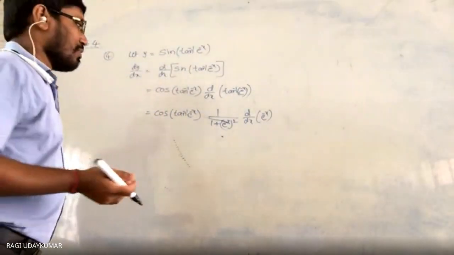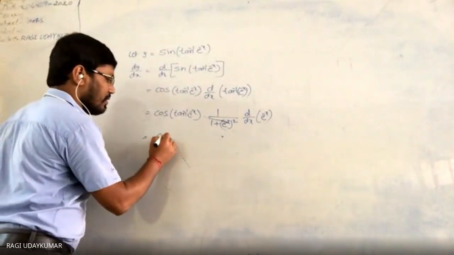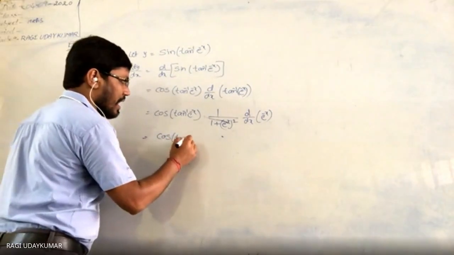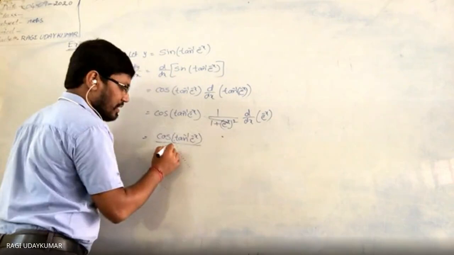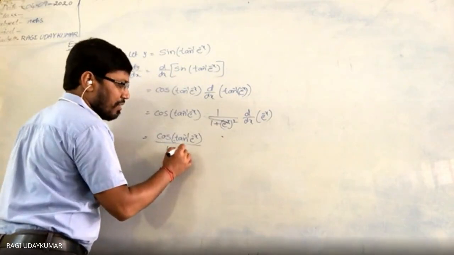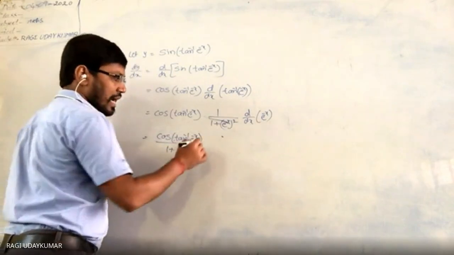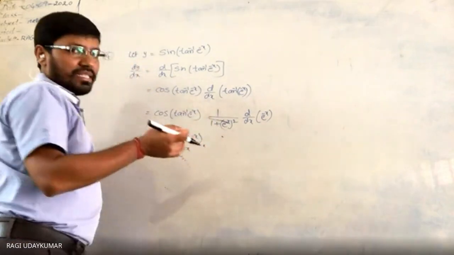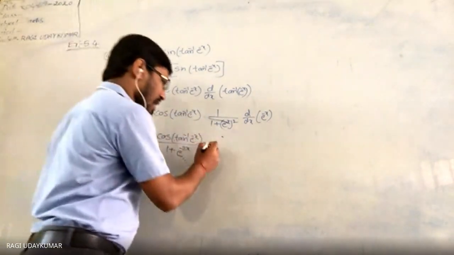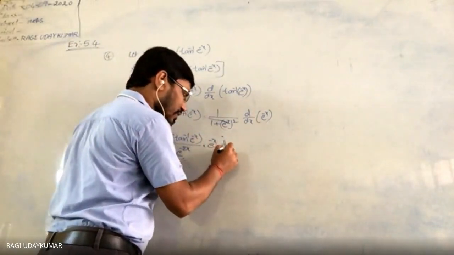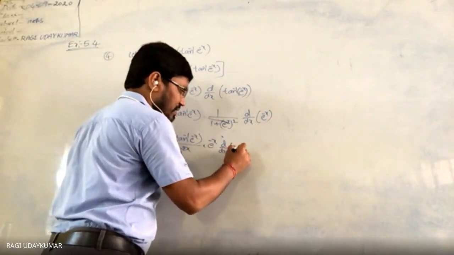Again, differentiation of e power minus x. So what do you get here? Cos of tan inverse e power minus x by 1 by e power minus 2x, and the differentiation of e power minus x is e power minus x, and again you have to do the differentiation of the minus x.